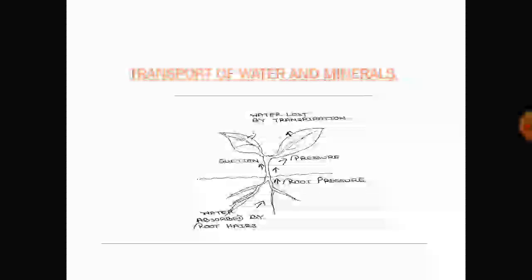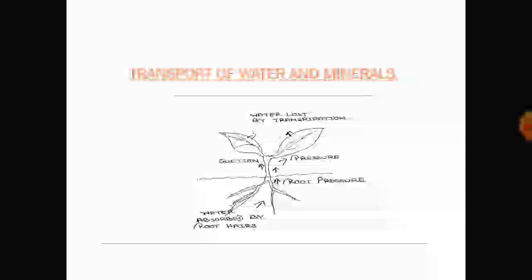It is the pressure developed in the root due to continuous inflow of water, and this pressure helps in pushing the plant sap, meaning water and minerals, upward into the stem. The root pressure appears only when the rate of absorption is higher than the rate of transpiration, and after that the water along with the minerals moves further upward through the xylem of stem and reaches the leaves.